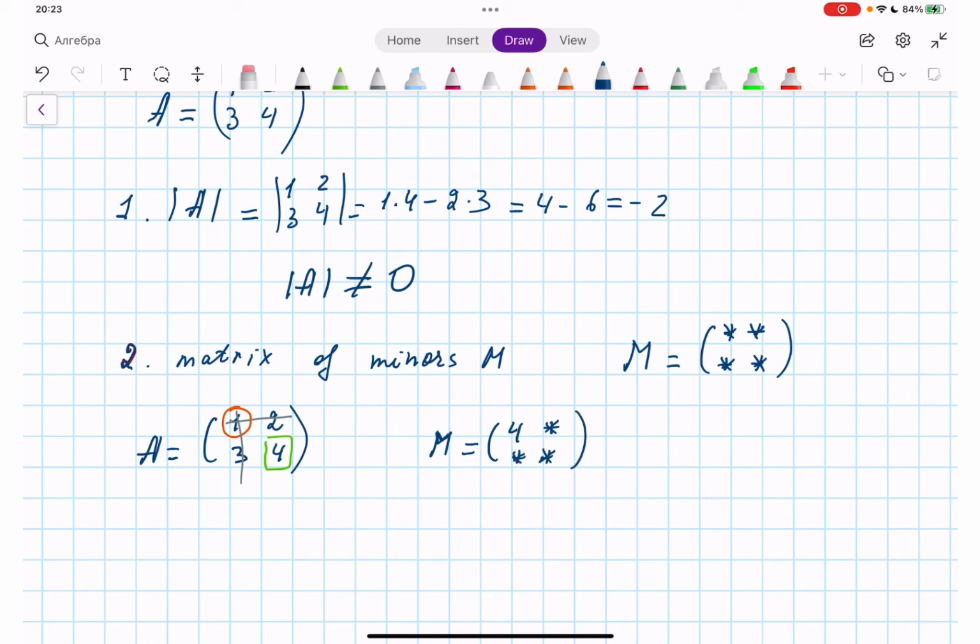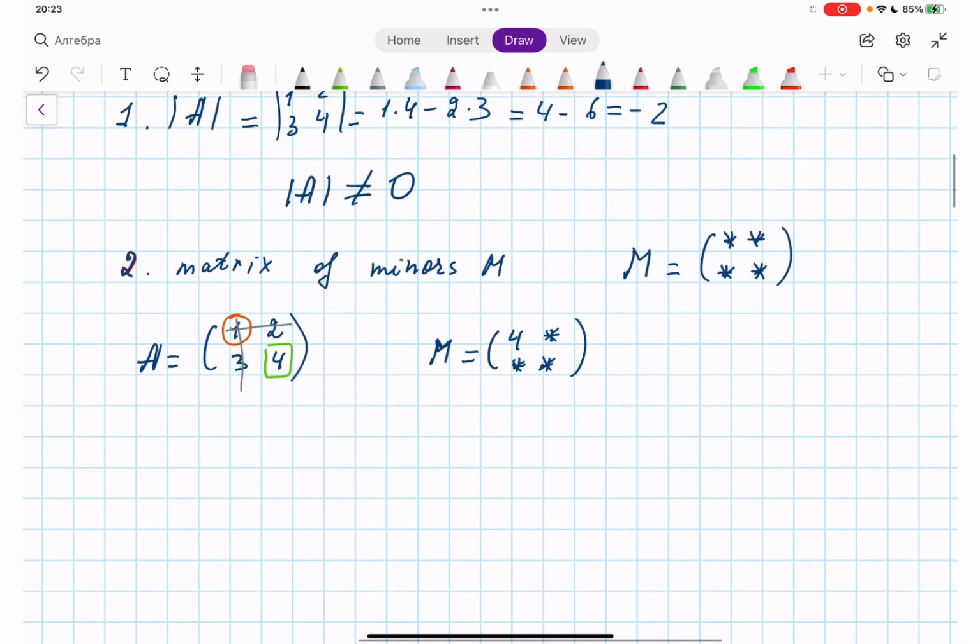Okay, next. Consider the following matrix element. Now we are taking the next element, 2.